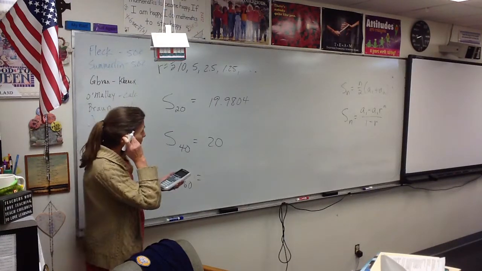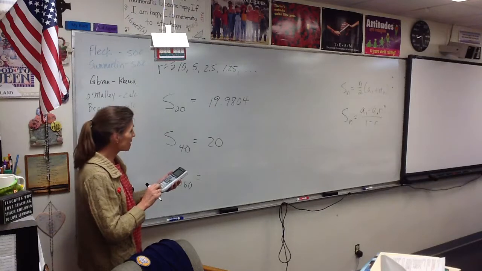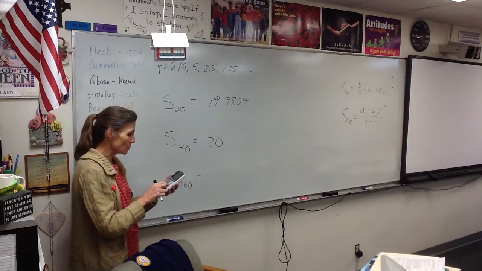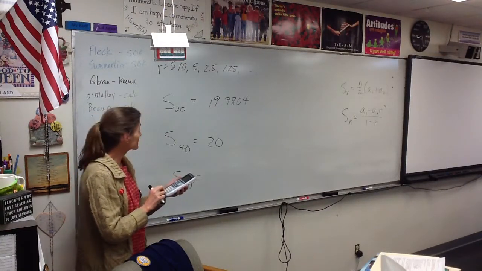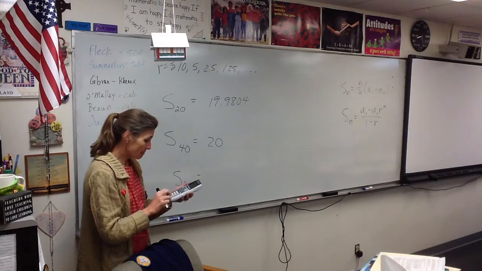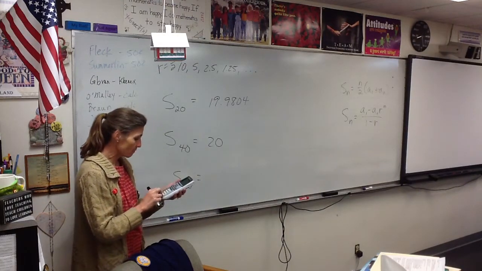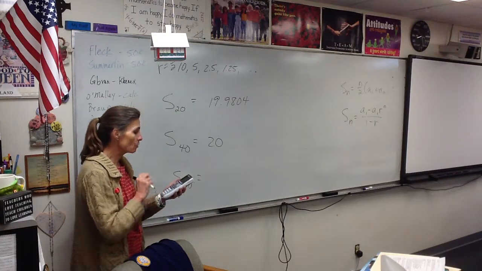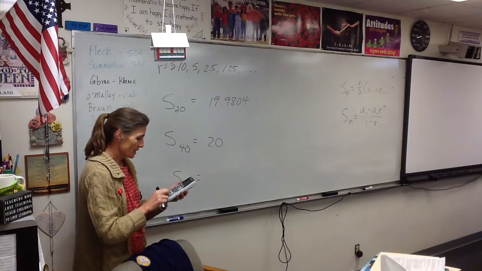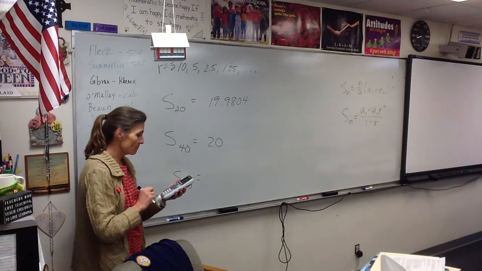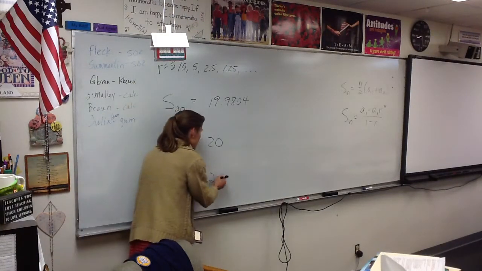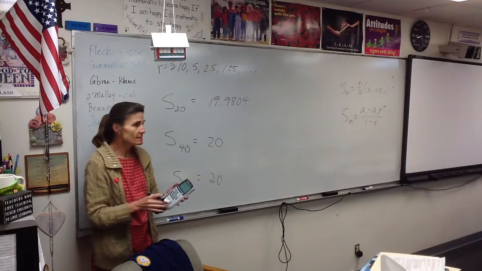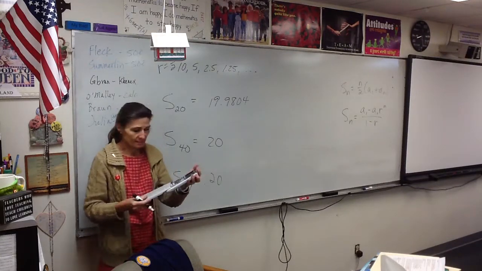Okay, type in these numbers: 10 minus 10 times 0.5 raised to the 40th, well, or 60th, I'll do 60 this time, equals divided by 0.5. Shoot, I got 20 again. You guys, this doesn't make sense.